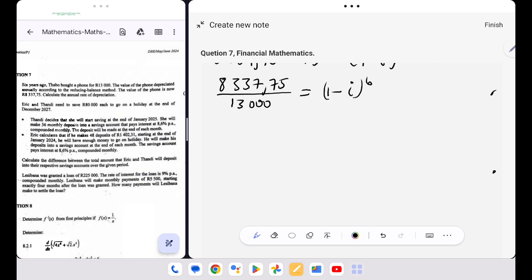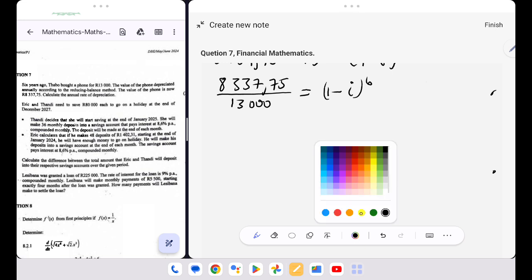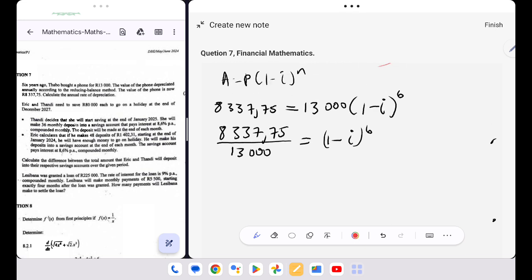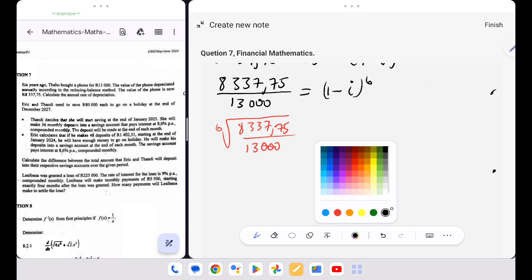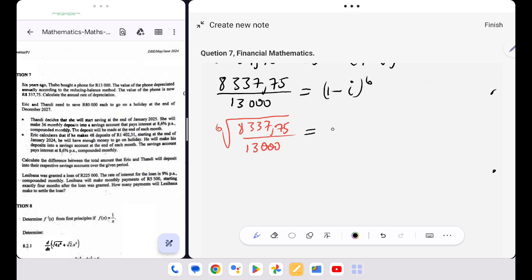Then you must put in the sixth root on both sides. The sixth root of 8,337.75 all over 13,000 is equal to 1 minus i.